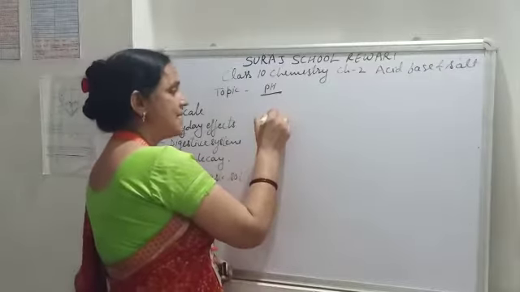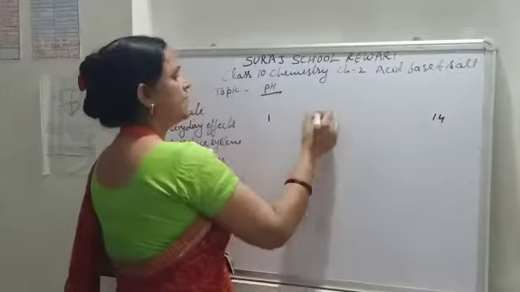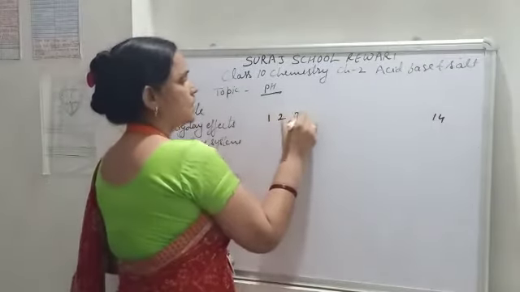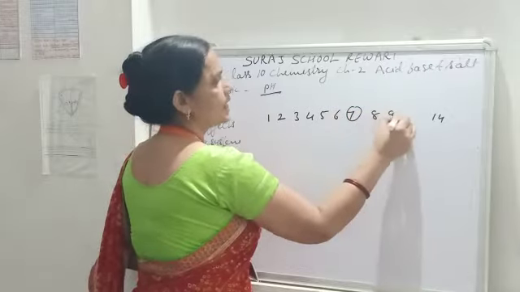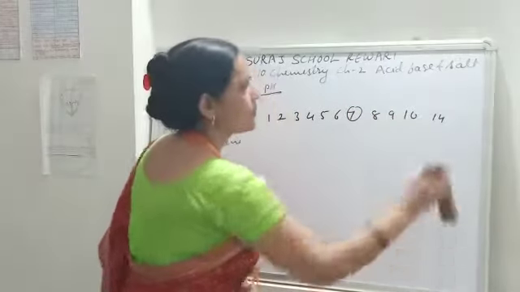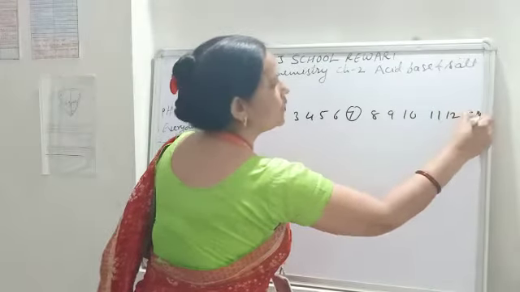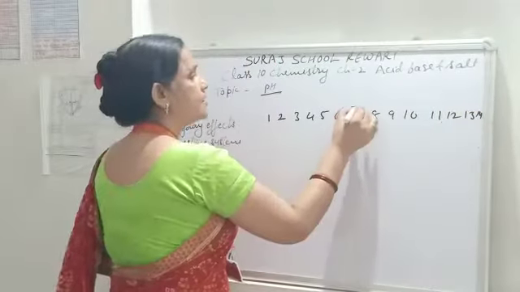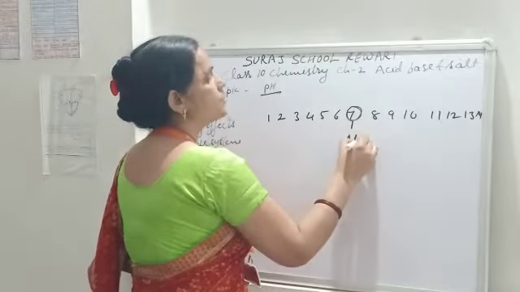The pH range lies between 1 to 14, that is 1, 2, 3, 4, 5, 6, 7, 8, 9, 10, 11, 12, 13 and 14. Here 7 pH denotes the neutral solution.